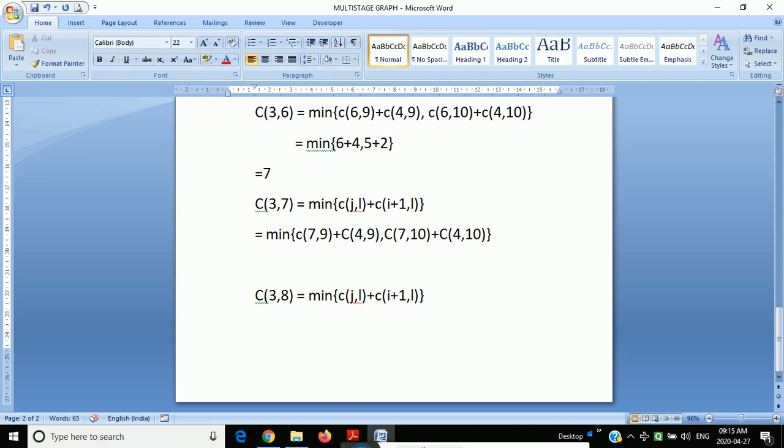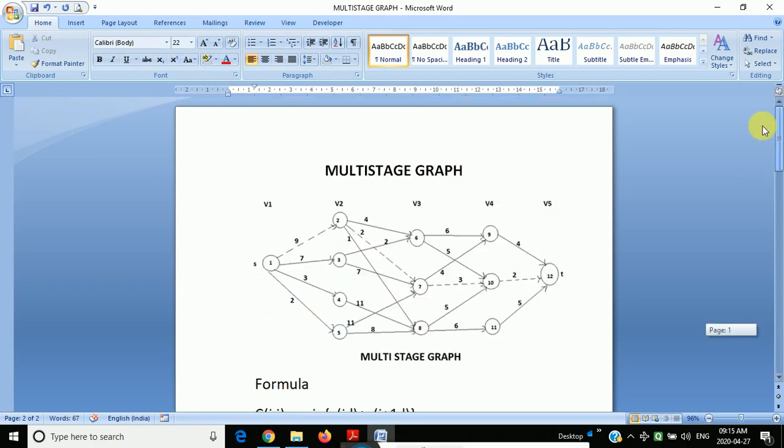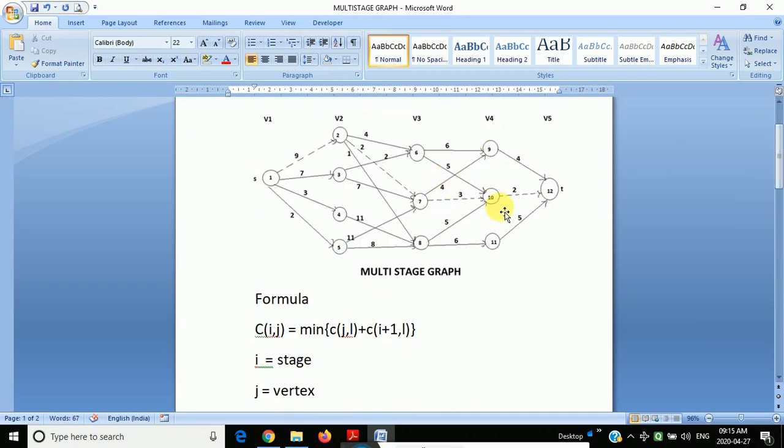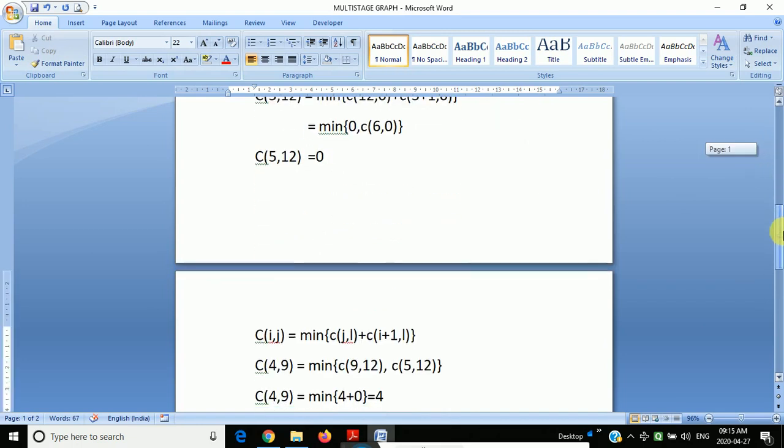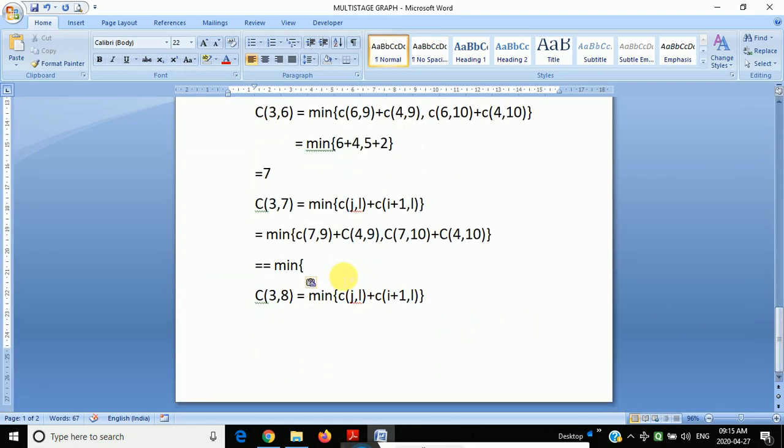Okay, so now what will we get as the answer? C, 7 comma 9. 7 comma 9 cost is 4 and 7 comma 10 cost is 3. So 7 comma 9 cost is 4 plus C 4 comma 9.